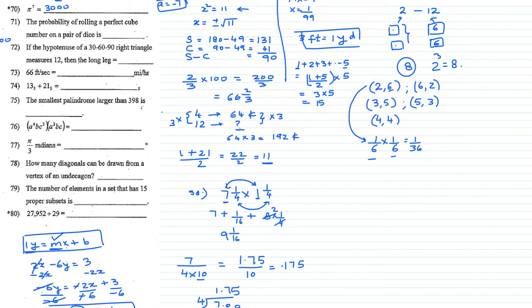And similarly, the probability of getting 6, 2, 3, 5 and so forth is also 1 over 36. So since we have 5 such combinations, the probability of getting 8 is 5 over 36. So that's the answer.